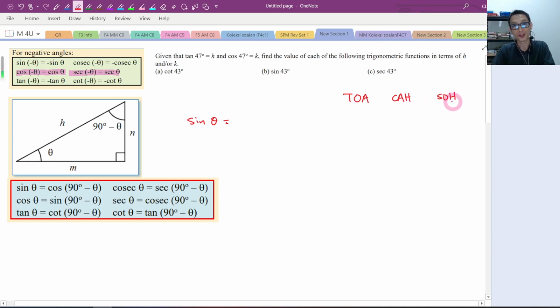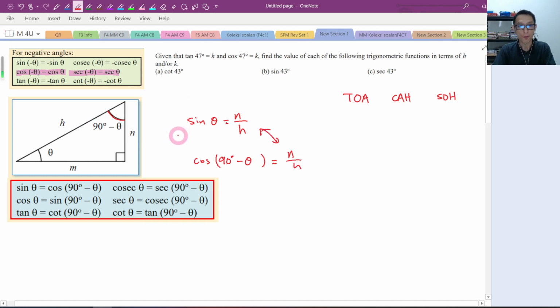Sine is equal to opposite side divided by the hypotenuse. So how about cosine of 90 degrees minus theta? Now we are talking about this angle. CAH: adjacent side divided by the hypotenuse. You see? They are equal to each other.